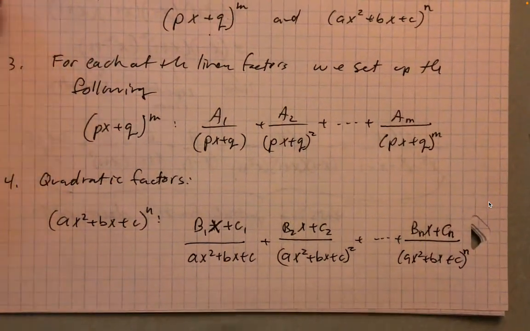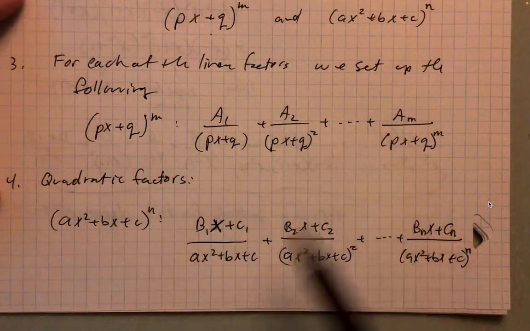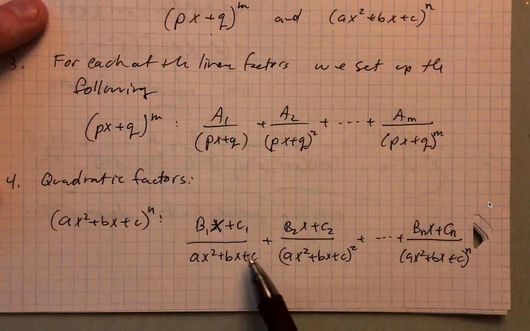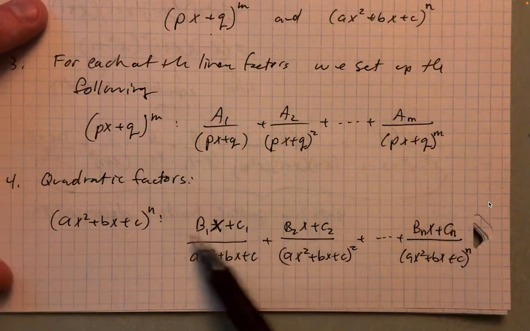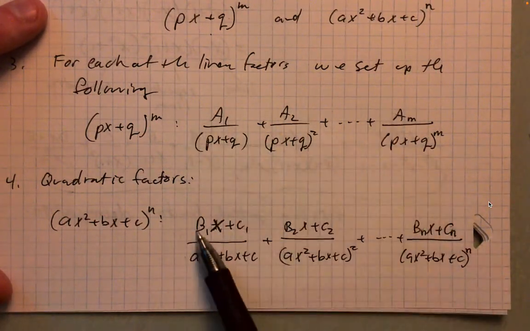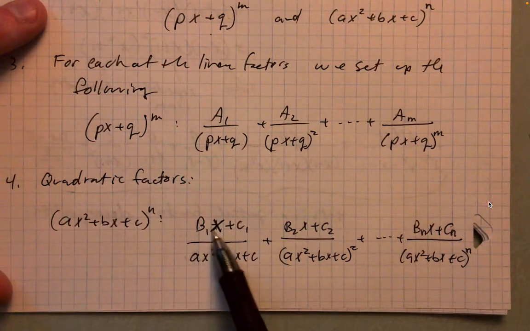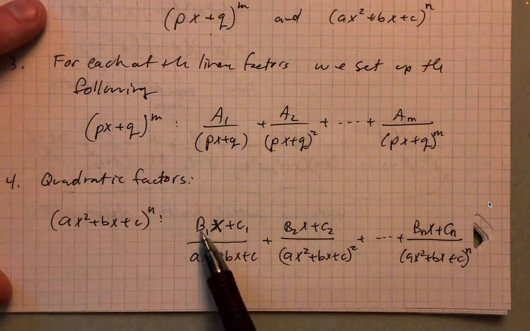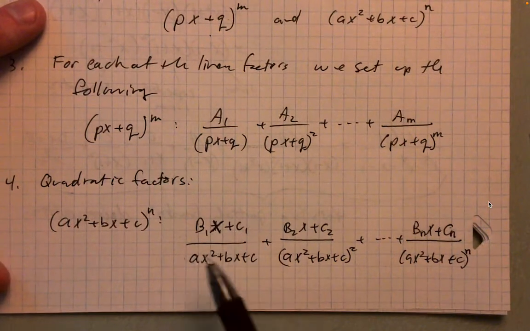So the same idea as with the linear factors, except here it's quadratic, and so the numerator is not just a constant like you have with the linear factors. It's actually going to have this form bx plus c, so some constant b times x plus some constant c.